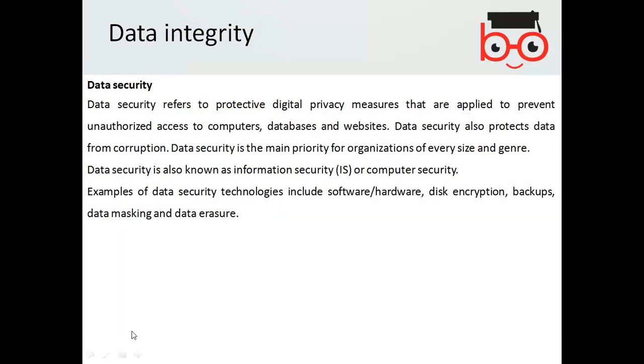And you should also consider the security of the data, so that no unauthorized access could happen. For example, it shouldn't be the case that there is a computer that any peon of the organization could access. No, only the authorized person should be able to access it. So that's database security.